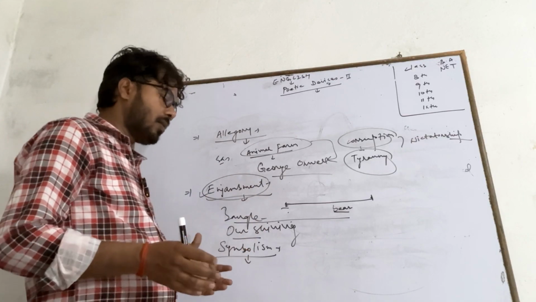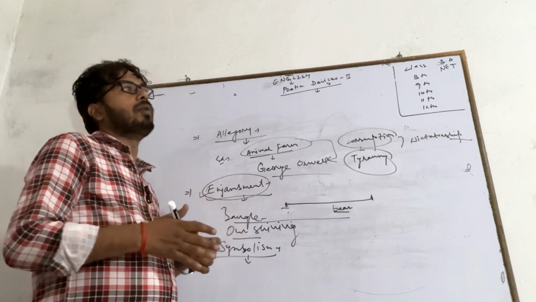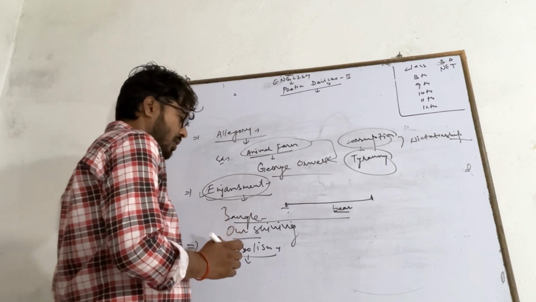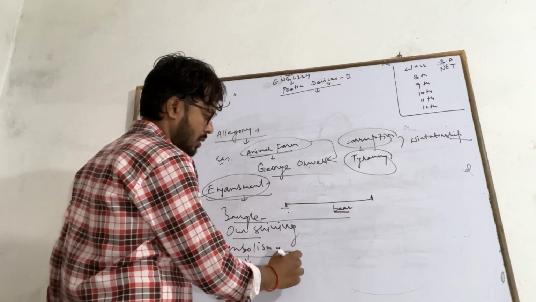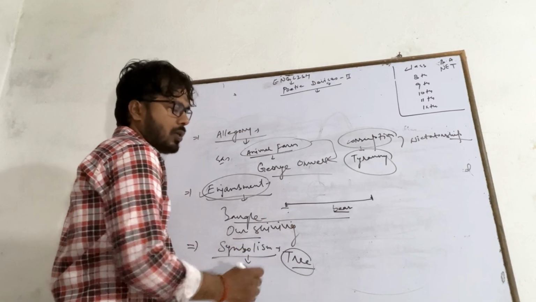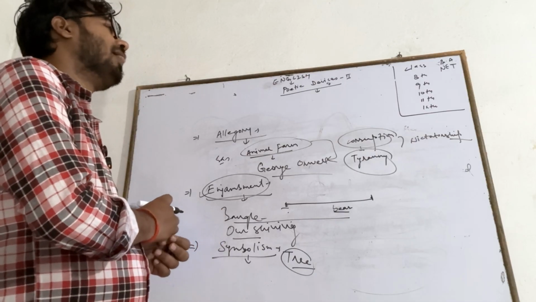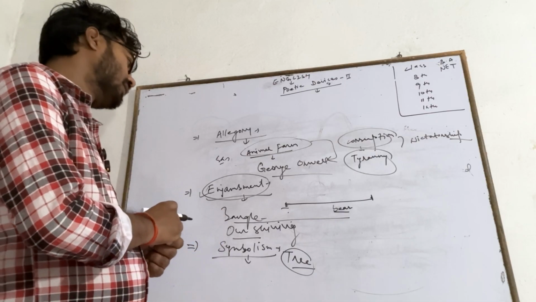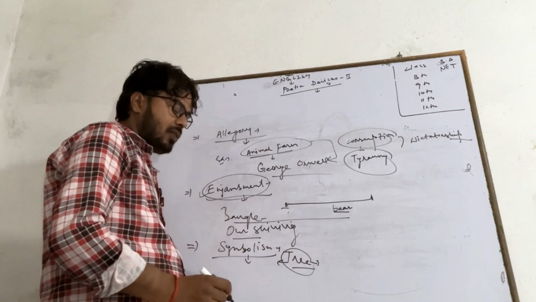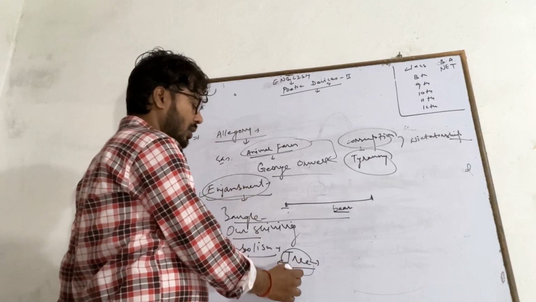At the same time, you find that the poem has some symbol. When you read the poem of class 10, Tree, I am not remembering very well what the name of the poem was, but as far as I know, the name of the poem was Tree.